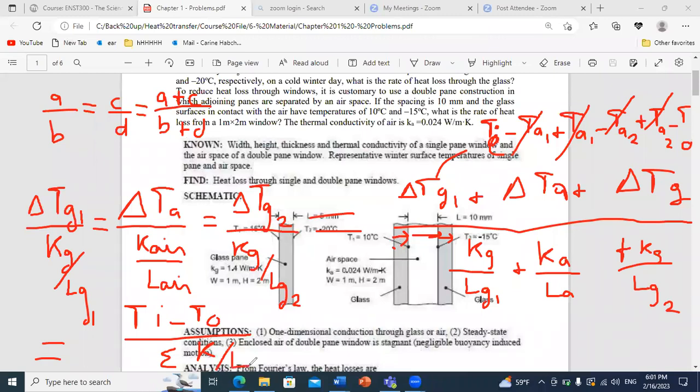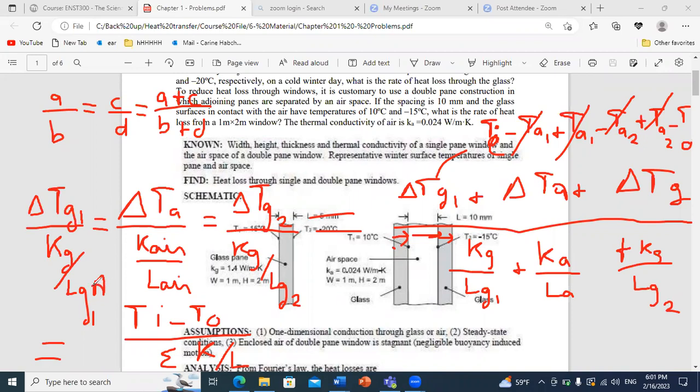Of course, in general, if you add areas to all terms, we simplified area because it is the same area everywhere. But in general, you can keep an A term for all your terms.